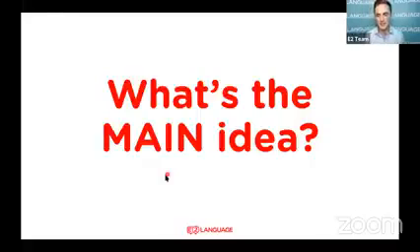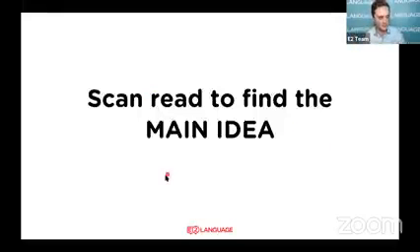But there's another skill. So the synonym one's important, but there's another one where you need to ask yourself, what's the main idea? These are the two main skills. First one, synonyms. Second one, main ideas. So let's do a few little activities here. I want you to scan, read the paragraph again to find the main idea, okay?